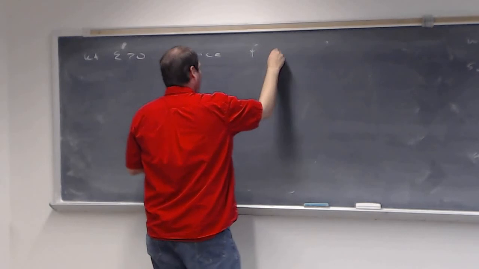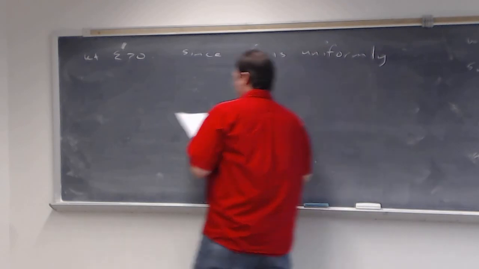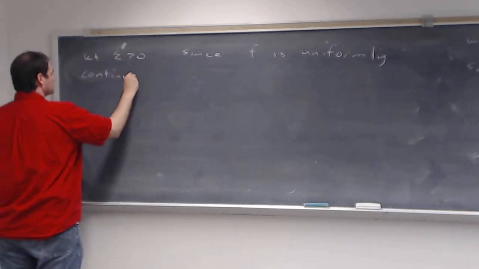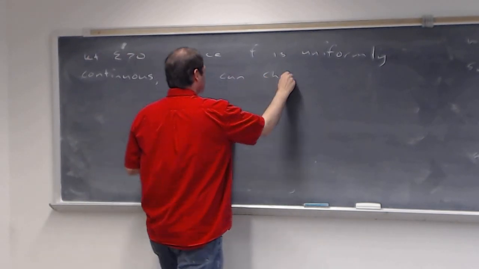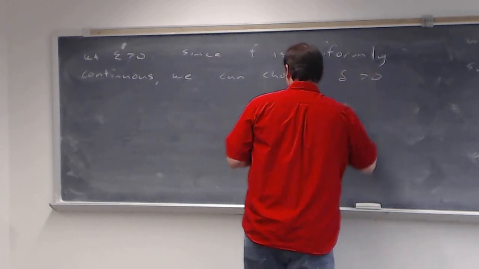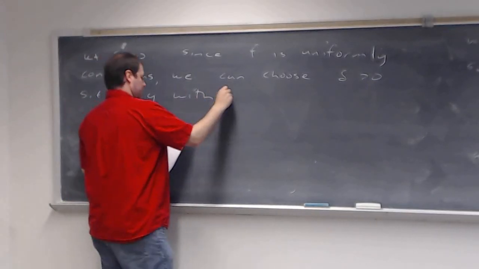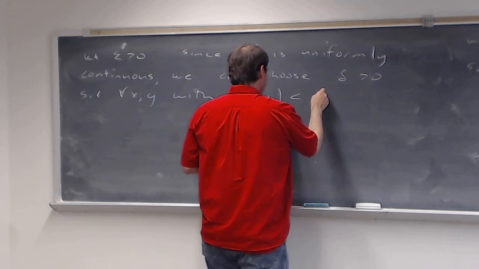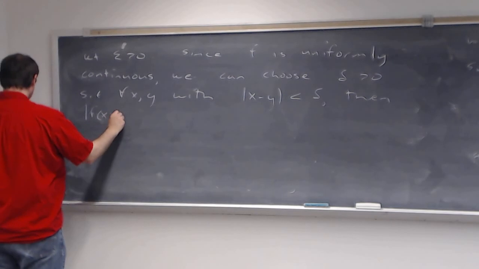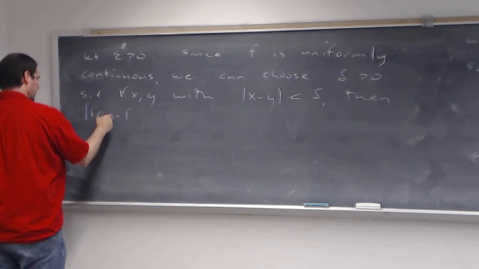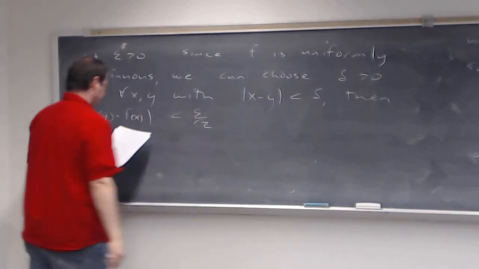Since f is uniformly continuous, we can choose delta greater than 0 such that for all x and y with the norm of x minus y less than delta, the norm of f of x minus f of y (here I've written it down as f of y minus f of x) is going to be less than epsilon over 2.